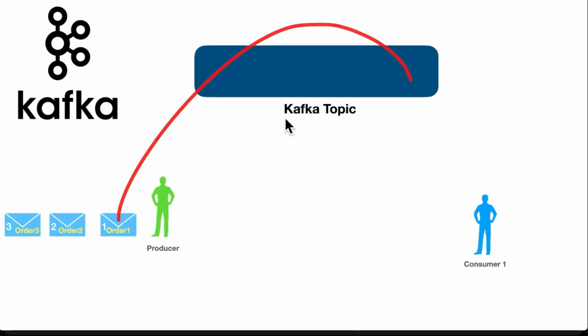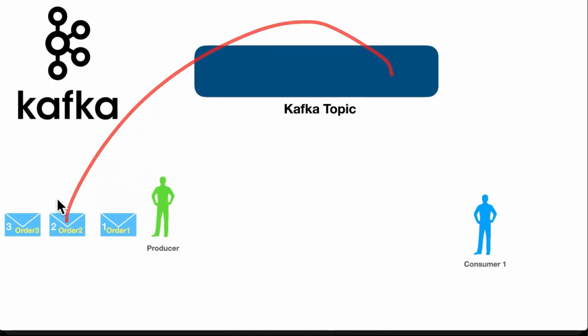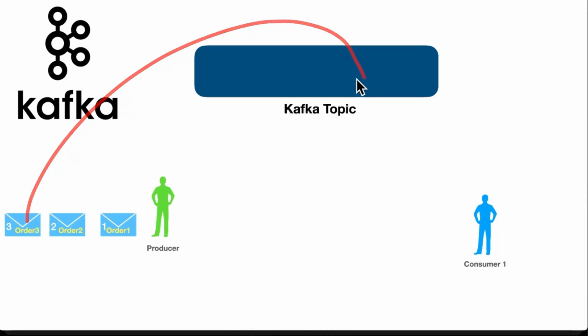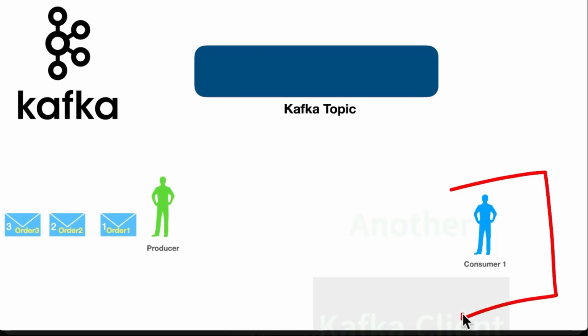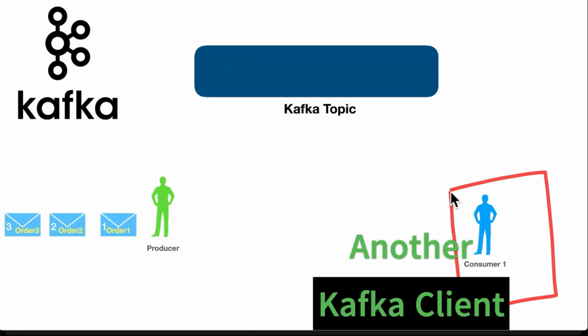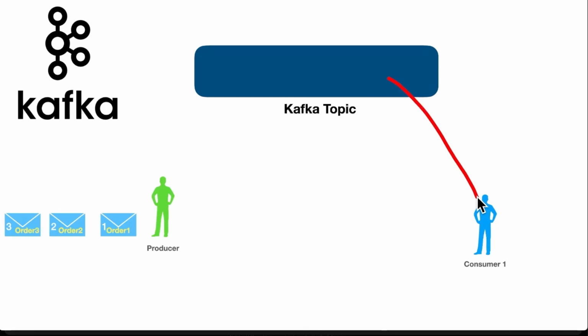Message number 1, message 2, message 3, and depending on the key of the messages, they arrive either in partition 1 or in partition 2. And think you have a Kafka consumer, which is just one consumer attached to this topic, and it reads the messages and processes them.